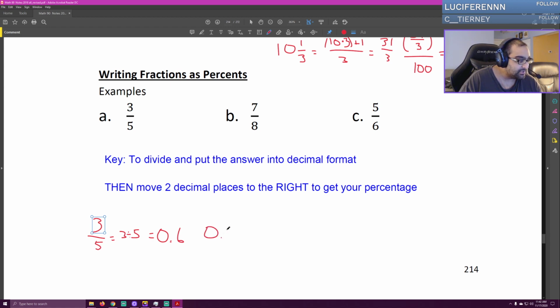So we're going to take 0.6, and I'm just going to move it 1 and 2. And as you see here, this is equivalent to 60%, just like so.